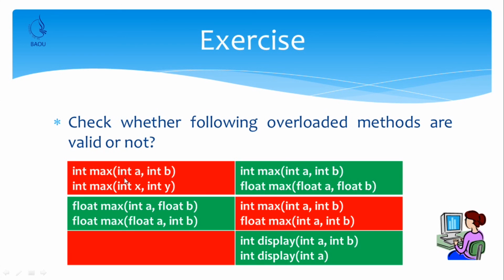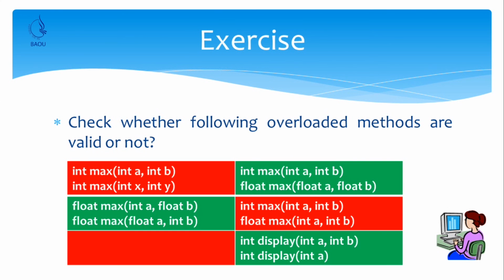The first method has two integer parameters and the second method also has two integer parameters, but here the names of the parameters are a, b and here the names are x, y. So, you have to tell whether it is valid or not. This is not valid.